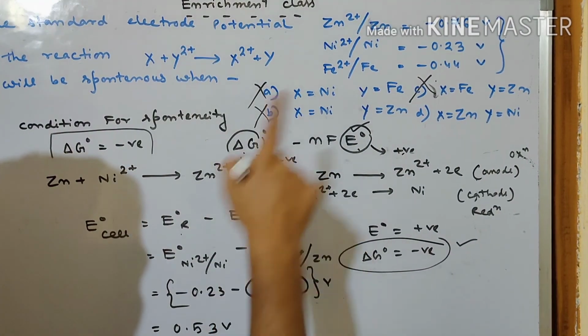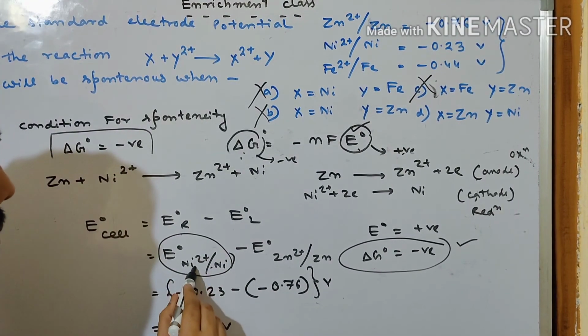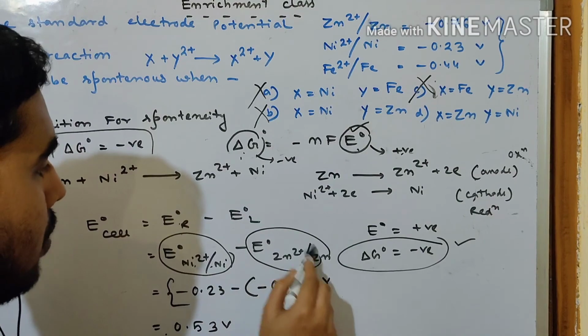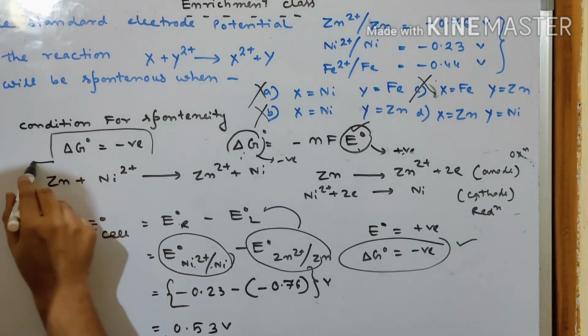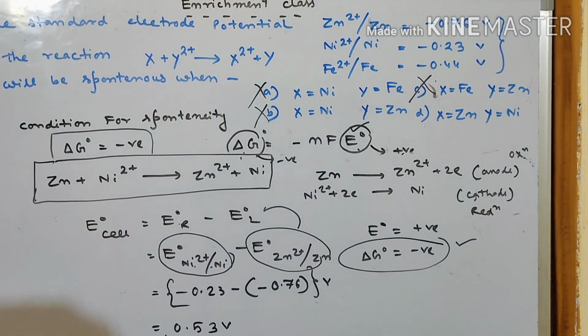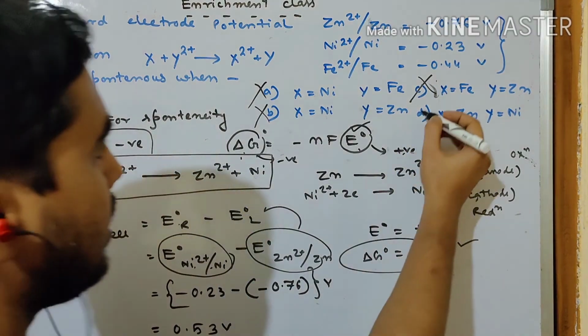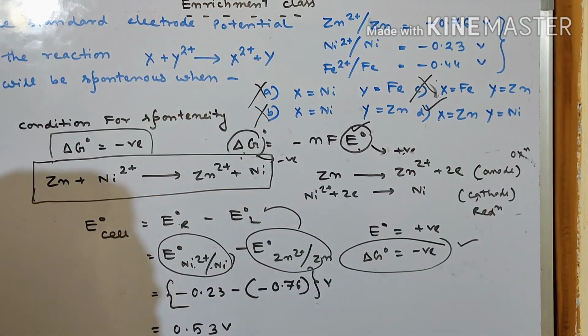So out of all these, only this one, that means when nickel is used as a cathode and zinc is used as an anode, out of all these combinations, this particular reaction will be spontaneous. So option D is the correct one. By solving this problem, we have actually solved many problems.